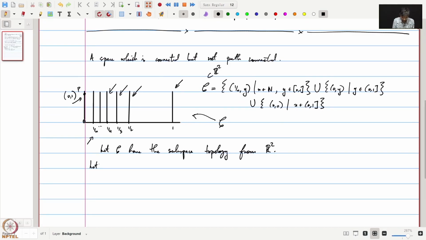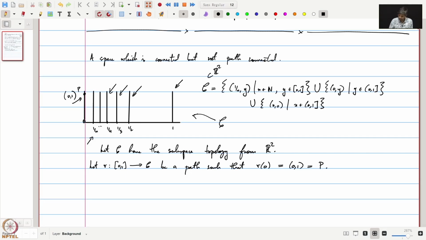Now let gamma from [0, 1] to C be a path such that gamma of 0 is equal to this point (0, 1), which is this point P.